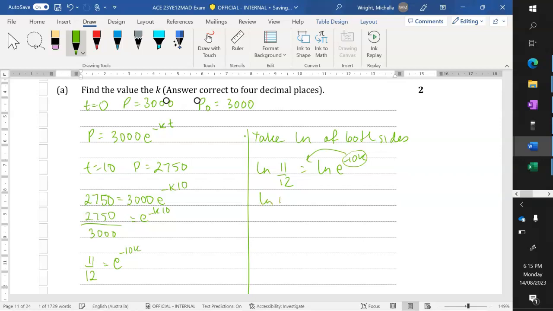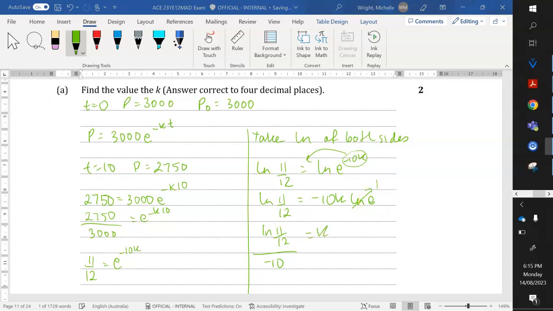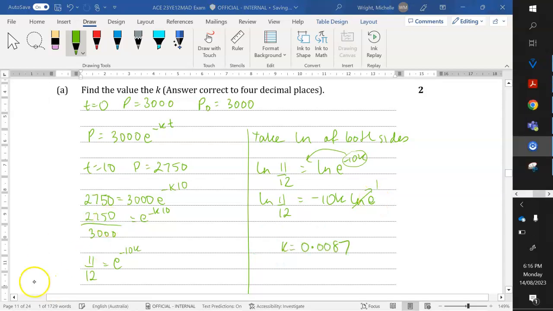So I've got ln of 11 over 12 is equal to minus 10k ln of e. ln of e goes to 1. So I get ln of 11 over 12 divided by minus 10 is going to be equal to my k. Popping that into the calculator, I get 0.0087. It wants it to 4 decimal places, and that would give you your 2 marks.